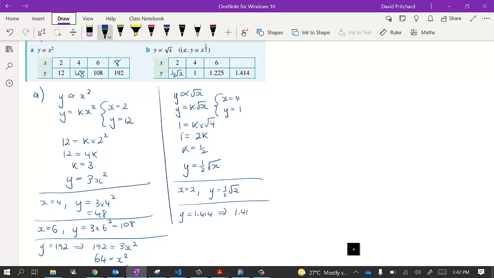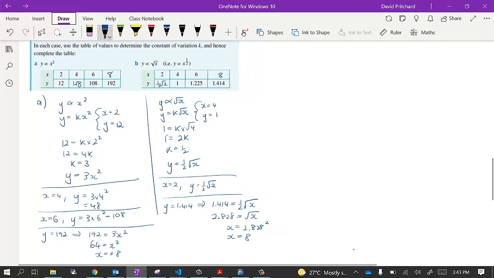We've got 1.414 is equal to 1/2 square root of x. We want to divide by 1/2, which is multiplied by 2. So that gives me 2.828 is equal to square root of x. And x will be 2.828 squared, which works out to be approximately 8. So there's the rest of our values there.